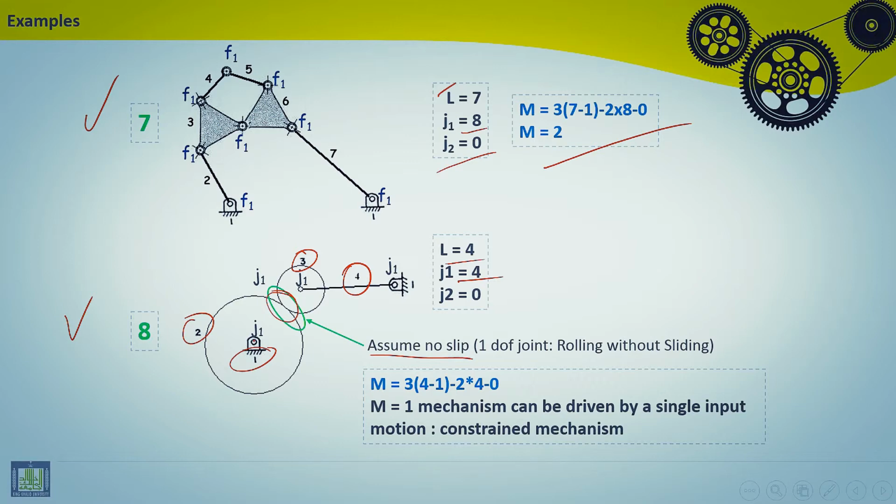Rotation here, rotation here, and rotation here, 3. And in this region, we have rolling without sliding, so 1 degree of freedom joint, total is 4. And no higher pair joints. So M mobility is equal 1. Mechanism can be driven by single input motion constrained mechanism.